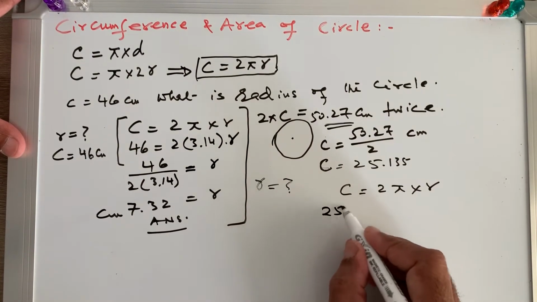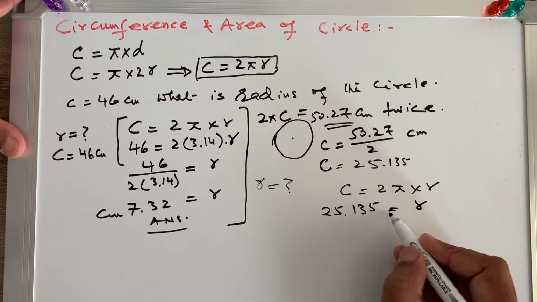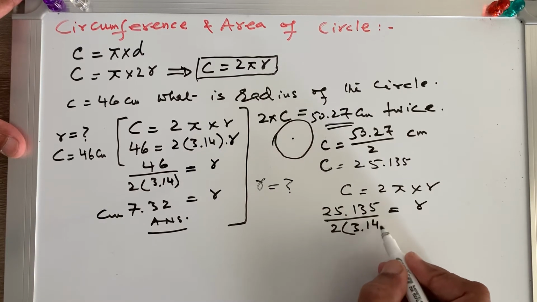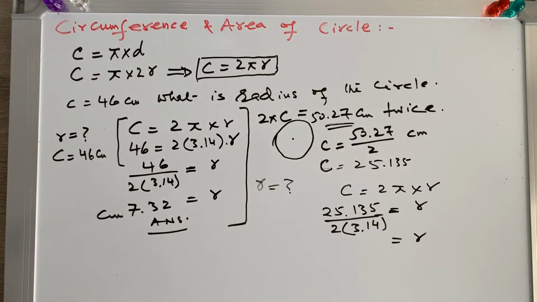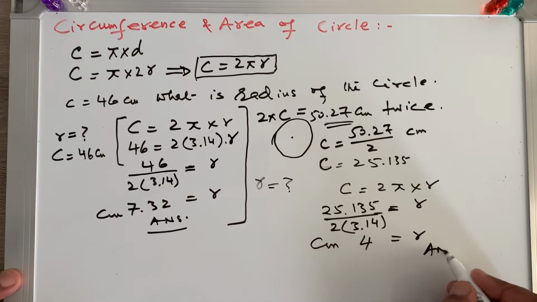Circumference is given as 25.135, and to calculate r, we have to divide it by 2 pi. Pi is 3.14 in the denominator, and we plug the values into the calculator: 25.135 divided by 2 divided by 3.14. So it's 4. The radius of that circle is 4 centimeter. This is my answer.